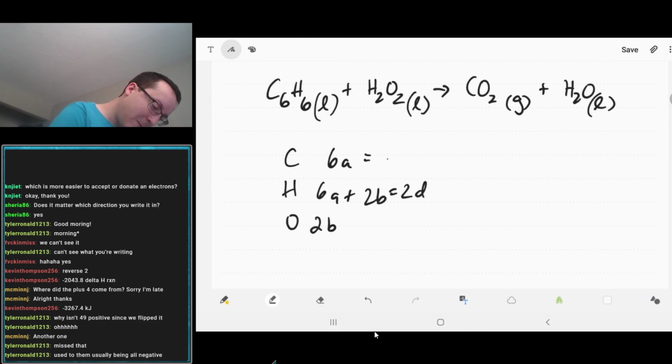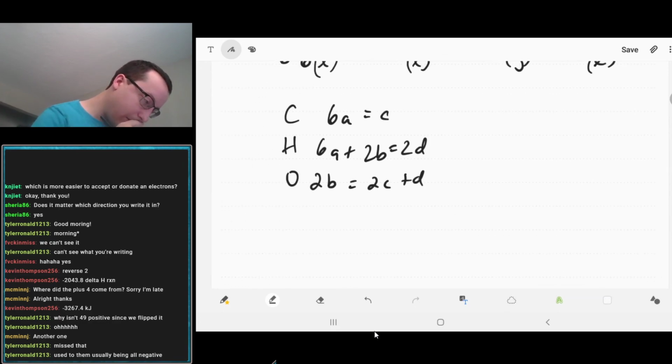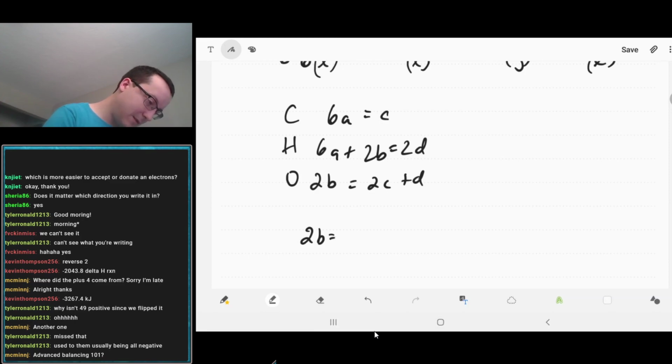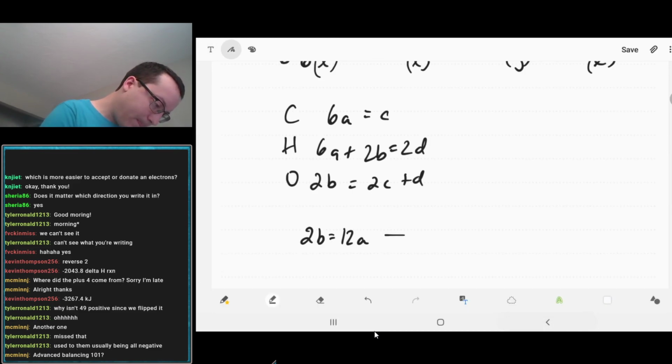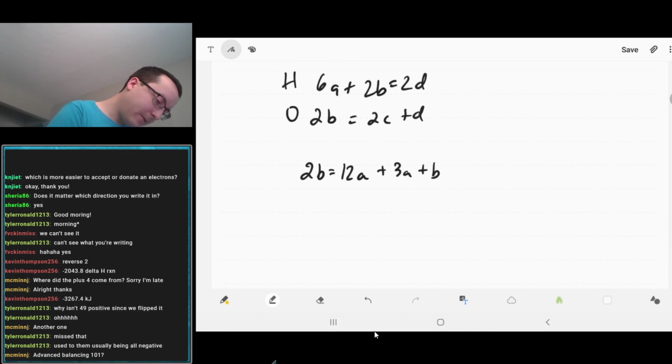Oops, that's a C. C plus D. Okay, that's good. What can we substitute here? Okay. Equals 12a. Plus 3a plus b plus 3b equals 15a equals 3.